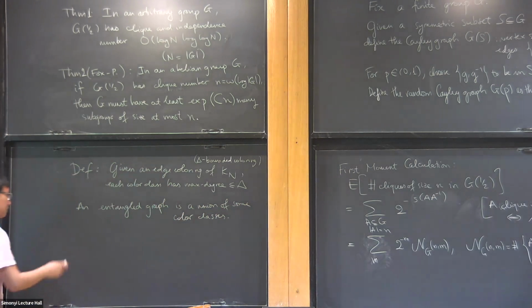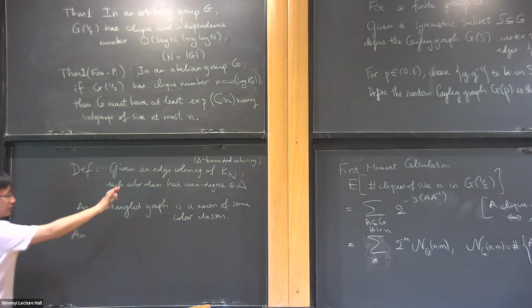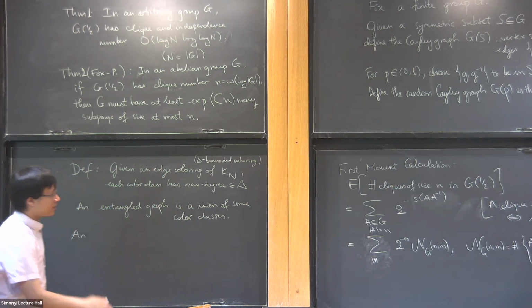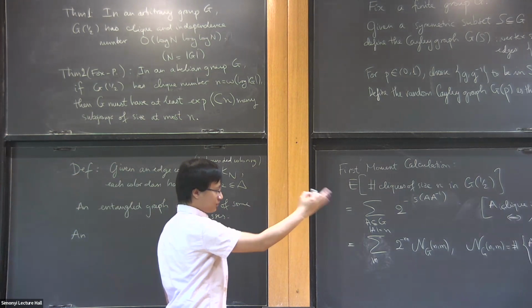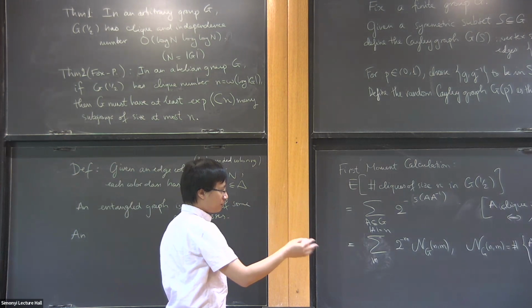And now, similarly to the definition of a random Cayley graph, a random entangled graph is just a graph which is the union of random color classes.